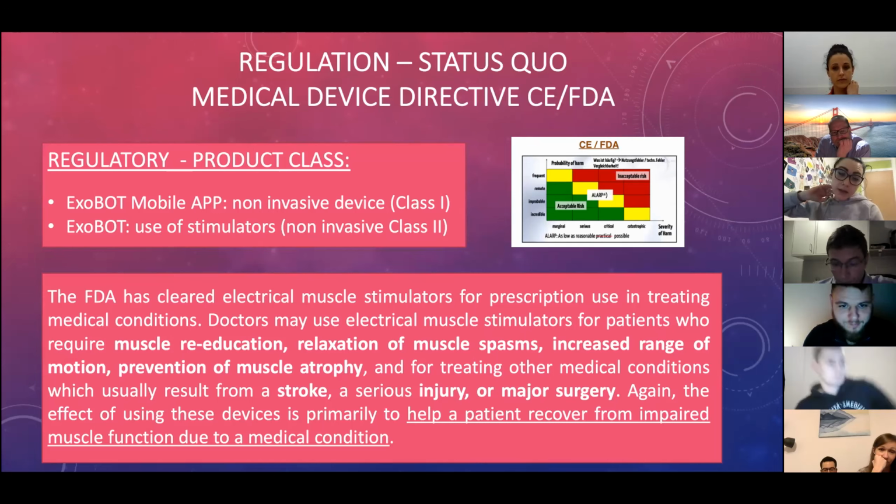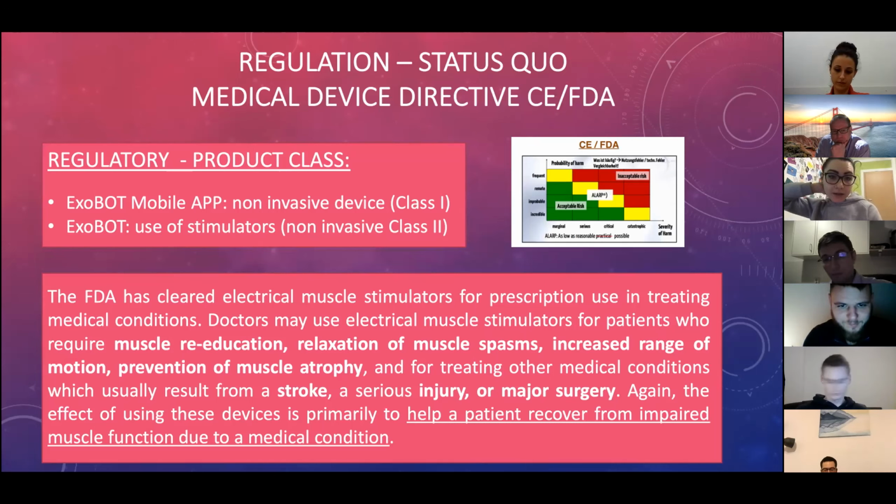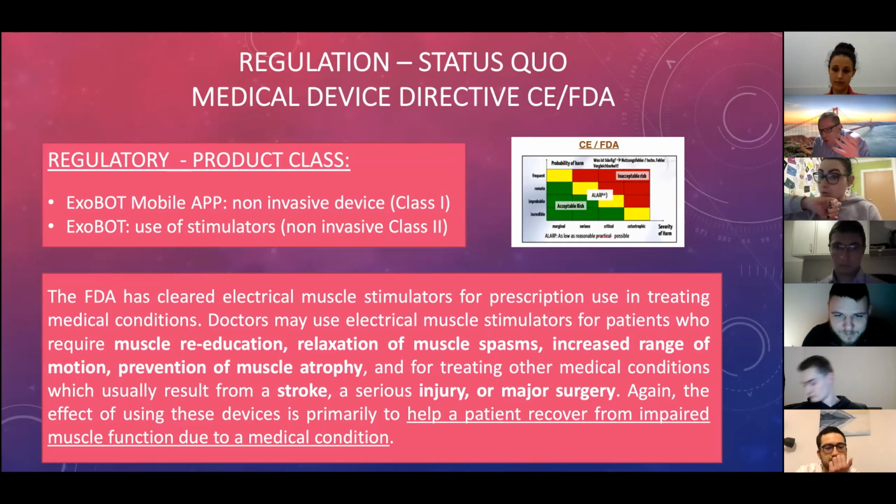And then the Exobot also includes the muscle electrical stimulators. So in this case, the medical device will again be non-invasive, but class 2, A or B? B. Okay, so that's more invasive, B.